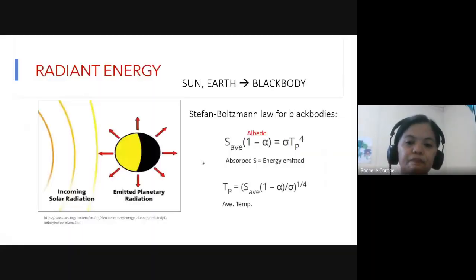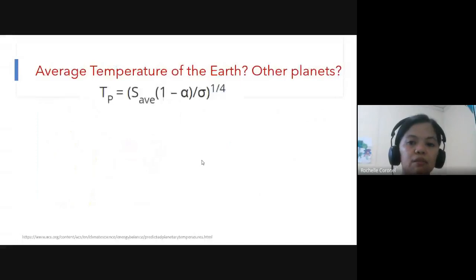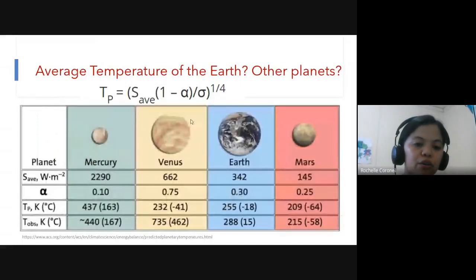For black bodies, we can actually get the average temperature of the Earth. So let's look at the average temperature of the Earth and maybe other planets also. Notice Mercury, Venus, Earth, and Mars.